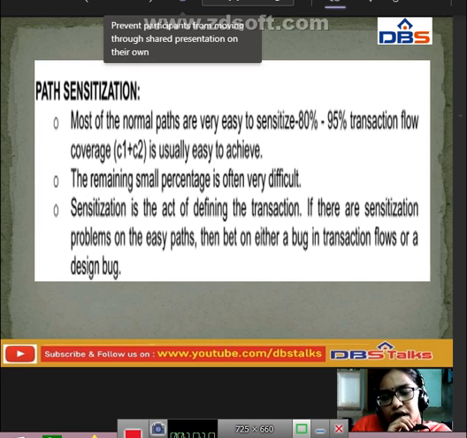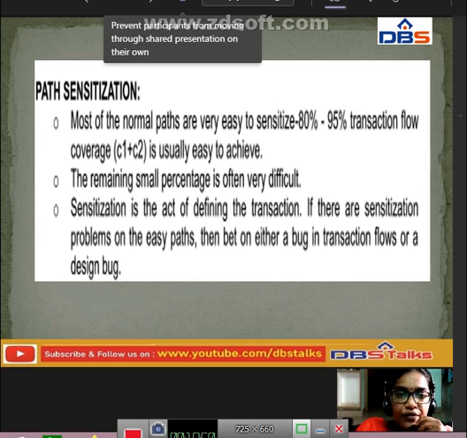Here, sensitization is the act of defining the transaction. Whenever you define a transaction in a flow of process, we can say that it is an act of sensitization.